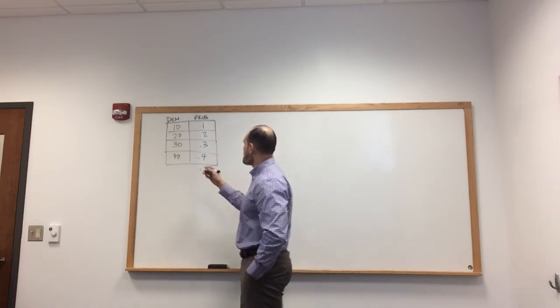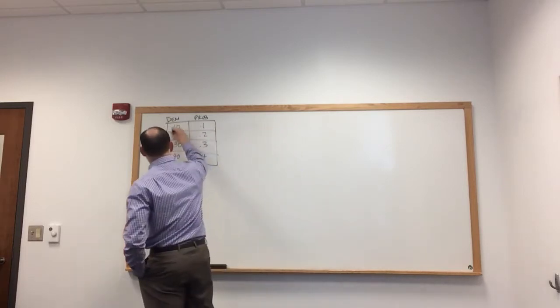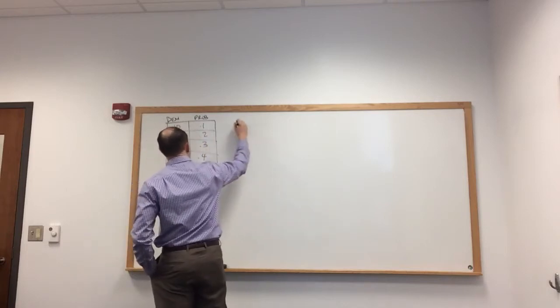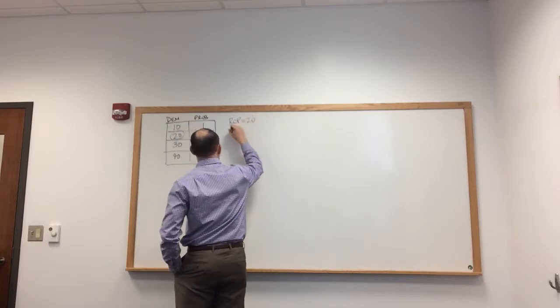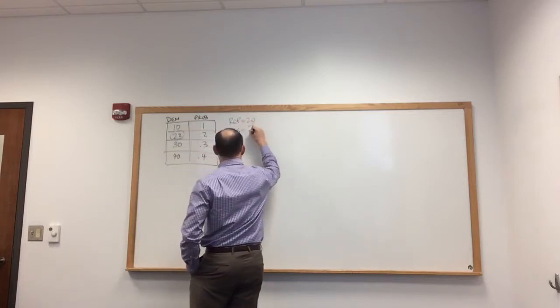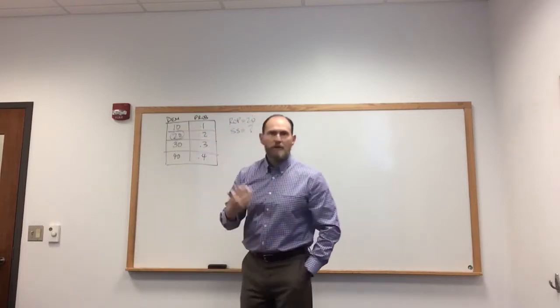In our example, we're going to have a fixed ROP of 20. So the ROP is going to stay fixed at 20, and the question is, how much safety stock should we carry?